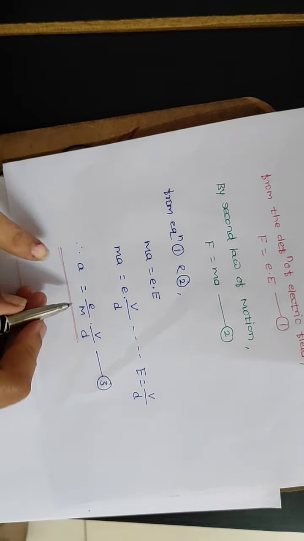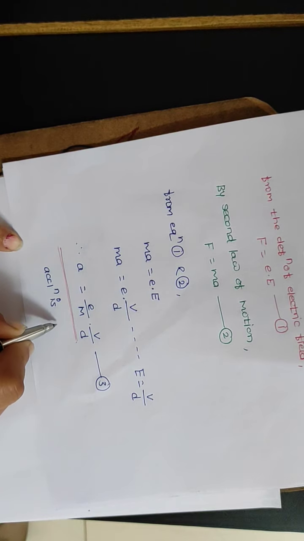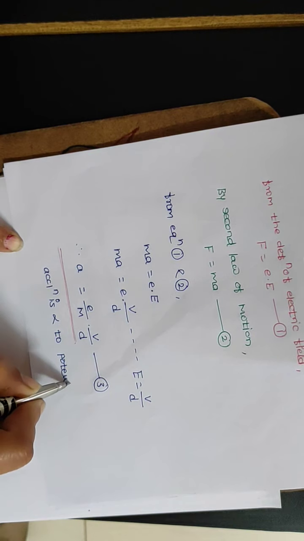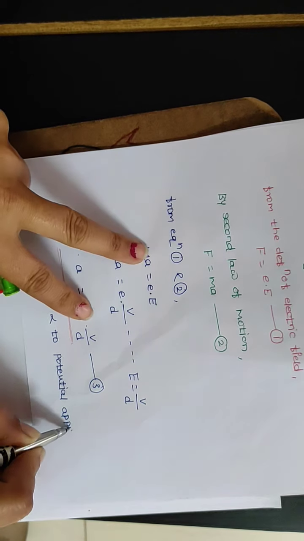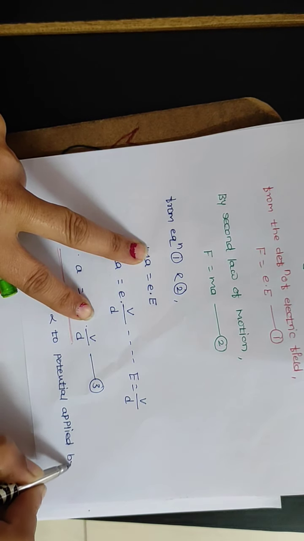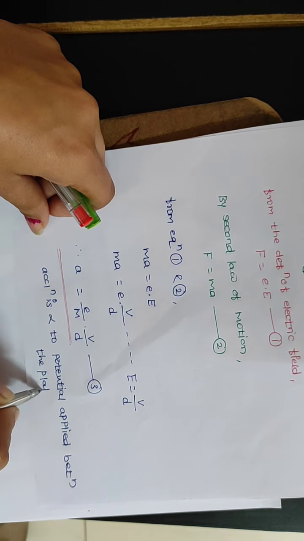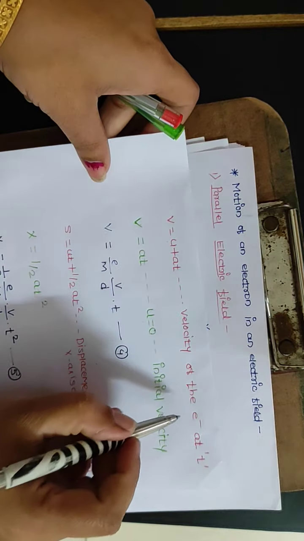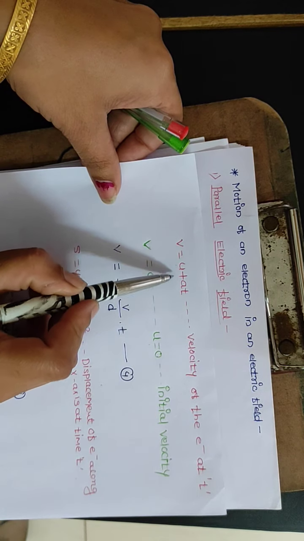Now here we can write acceleration is proportional to potential applied between the plates. Okay. Now after that, velocity of the electron at time t, we can write v is equal to u plus at.